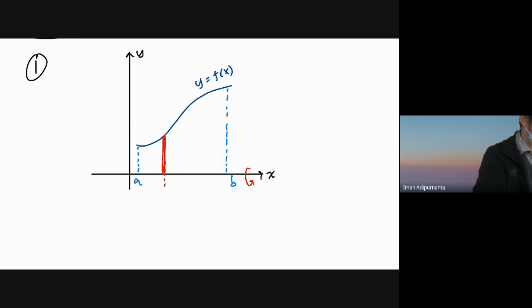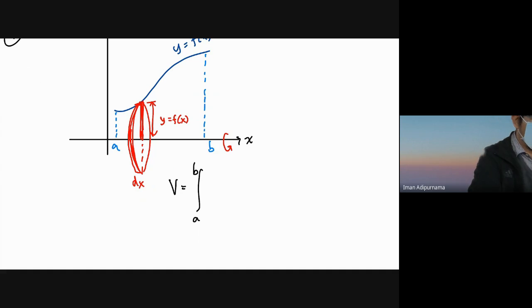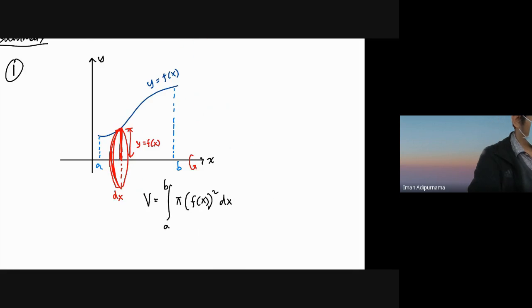So you have this shape here. This is dx, and the volume is the integral from A to B. Now this is y, that is f of x, and this will be pi f of x squared dx.